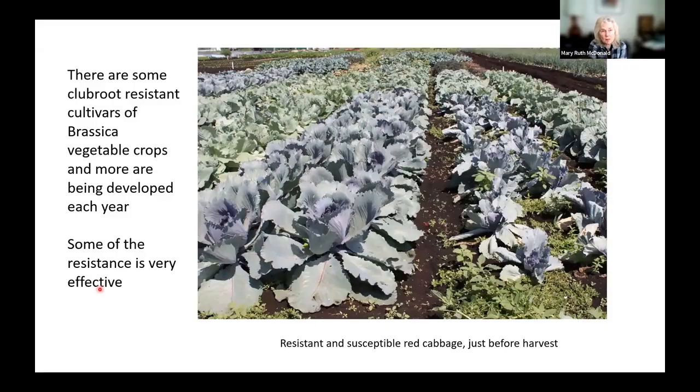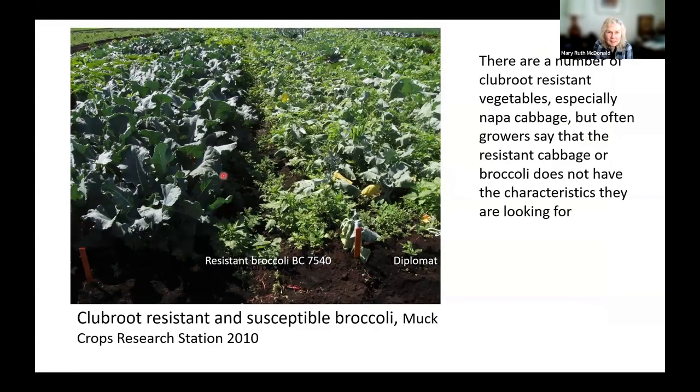We've screened lots of varieties over the years, and again there are very dramatic differences between the susceptible crop and the resistant ones. I hate looking at all those weeds that grow up because the susceptible crop is so slow at growing, versus the resistant ones that look very healthy. And again, this is just some broccoli.